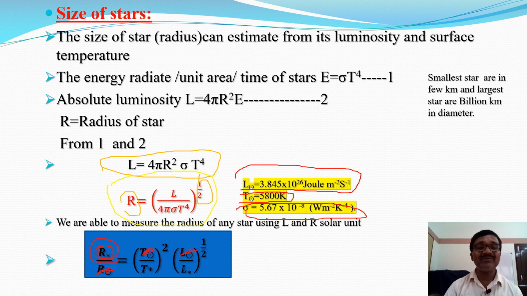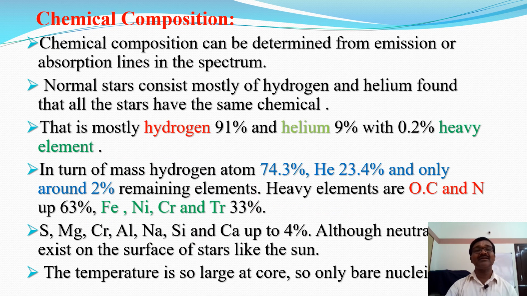By this equation, some of the stars in the universe have a size of 2 kilometer or a few kilometer. The largest stars are billions of kilometers in size. Let me come to another important property of the star, which is chemical composition. Chemical composition can be determined by the emission or absorption lines in the spectrum.